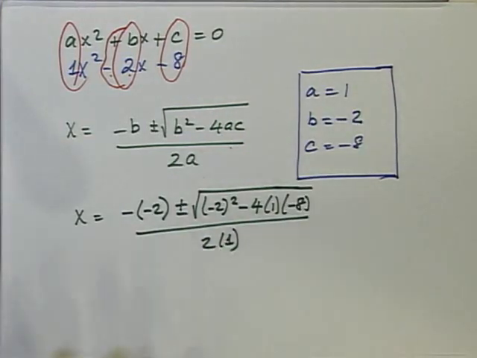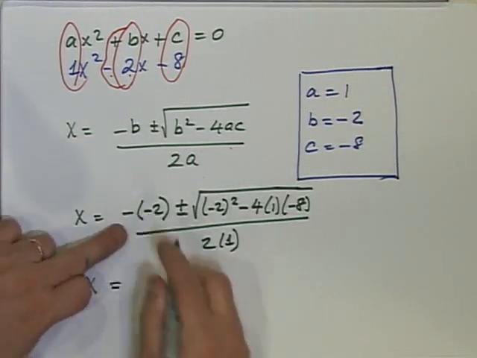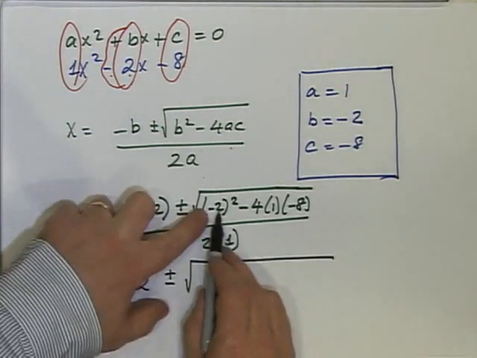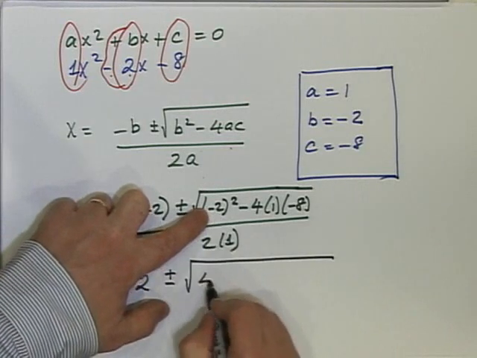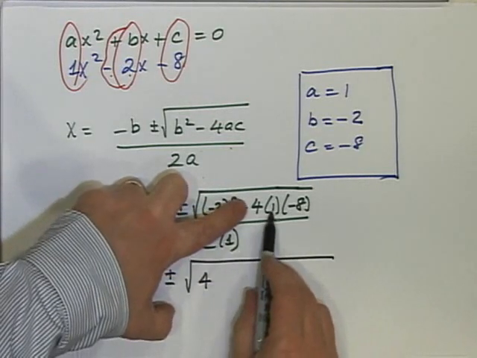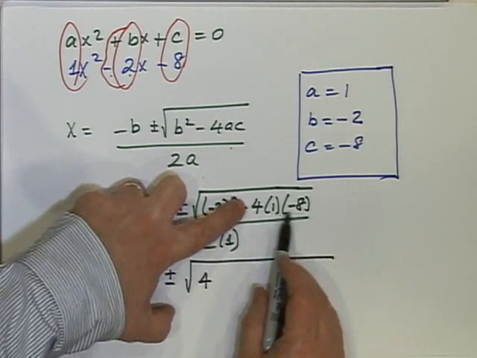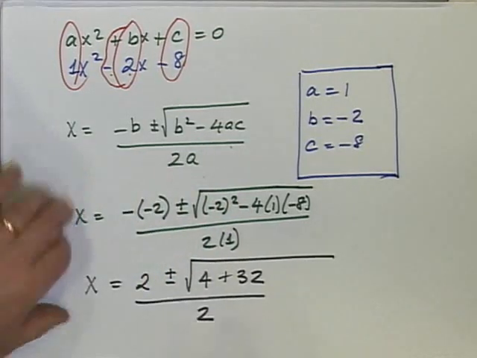And now we go through the same very steady PEMDAS or BOMDAS or whatever and work it out. X is equal to minus minus is plus, plus or minus, 2 by 2 first is 4, minus by minus is plus, that becomes a 4. 4 times 1 is 4, times minus 8, minus 32, by minus, plus 32, all over 2.